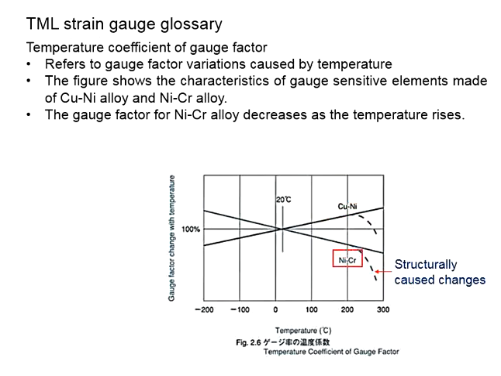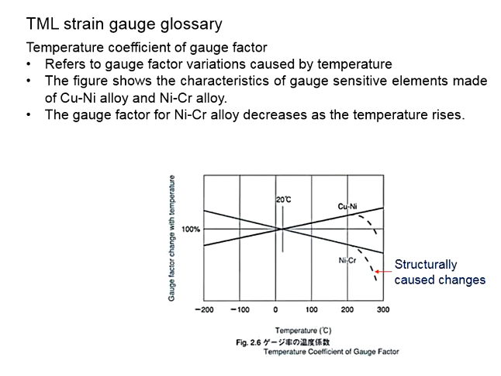Taking this nickel-chromium alloy as an example, the line here is going downward. It means that the gauge factor of nickel-chromium alloy decreases as the temperature increases. If possible, you will need to make some corrections to the gauge factor.